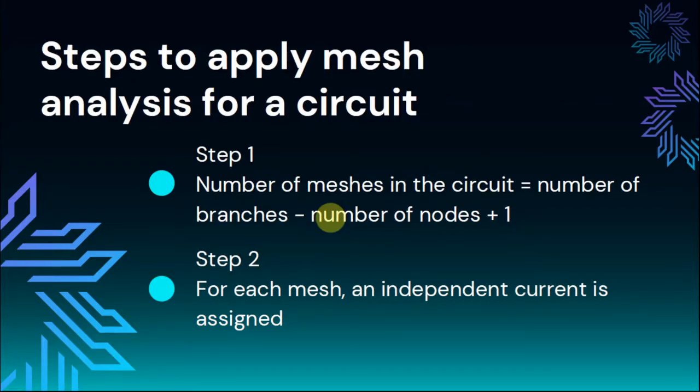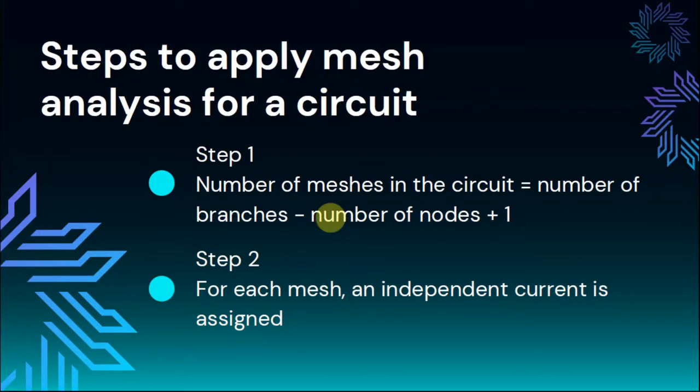To calculate that, identify the nodes of the circuit and the number of branches in the circuit. From that, the number of meshes equals the number of branches minus the number of nodes plus 1.